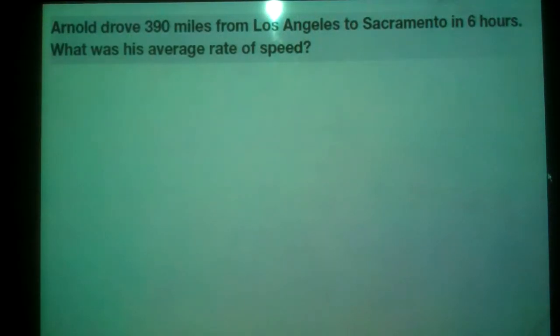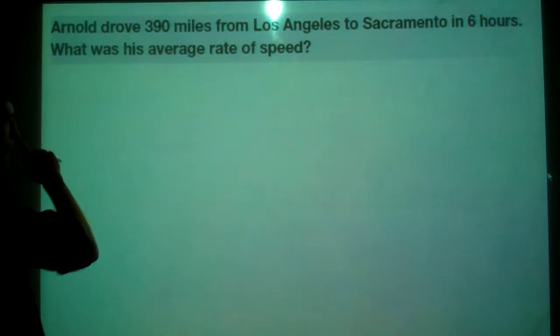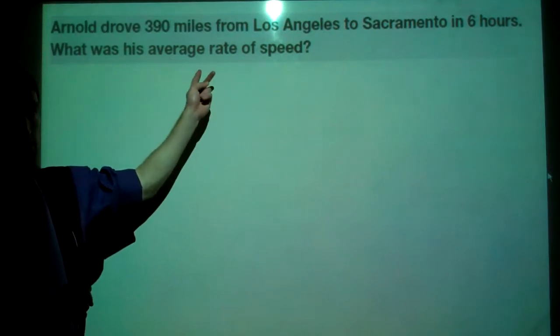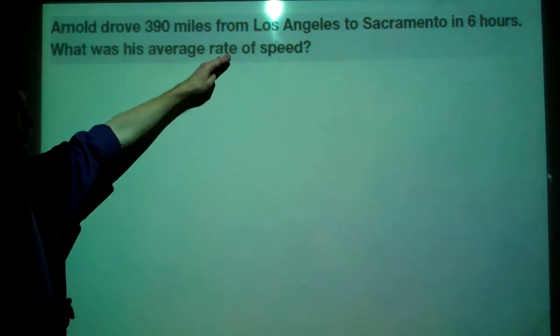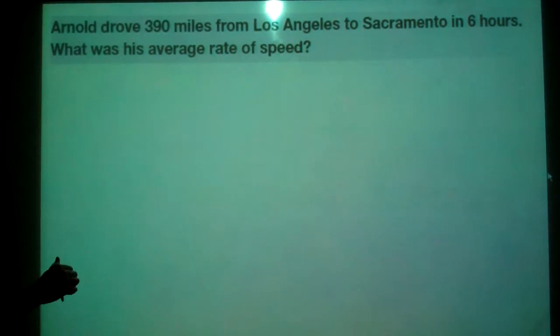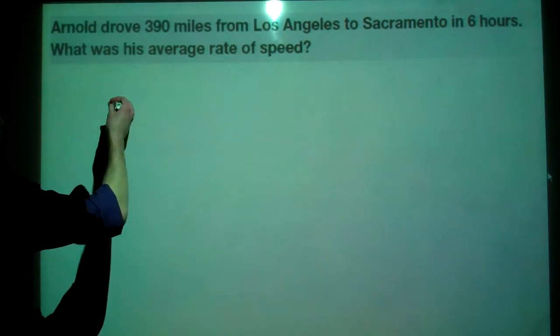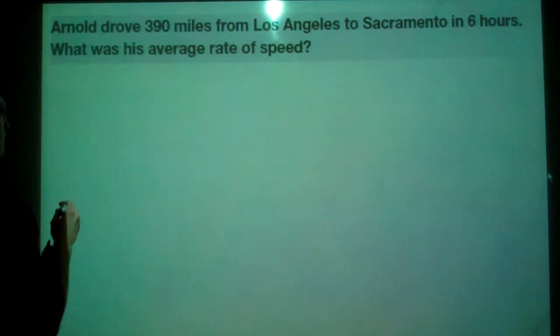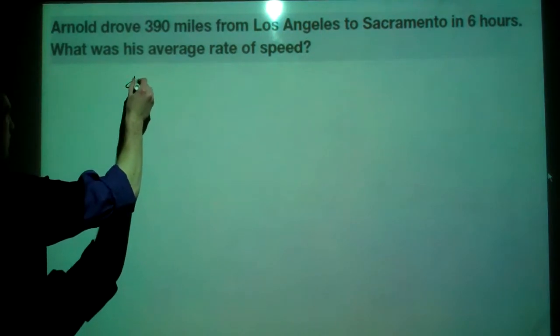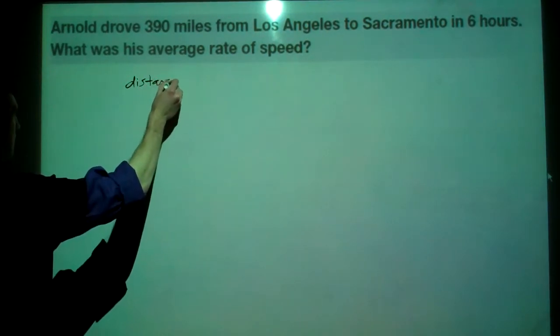Alright, so let's apply all this. Arnold drove 390 miles from LA to Sacramento in 6 hours. What was his average rate of speed? Okay? Couple things here. Average, that means divide. And we're looking for a rate, so we're looking for a ratio. So speed, or rate, is distance over time, as we just saw.